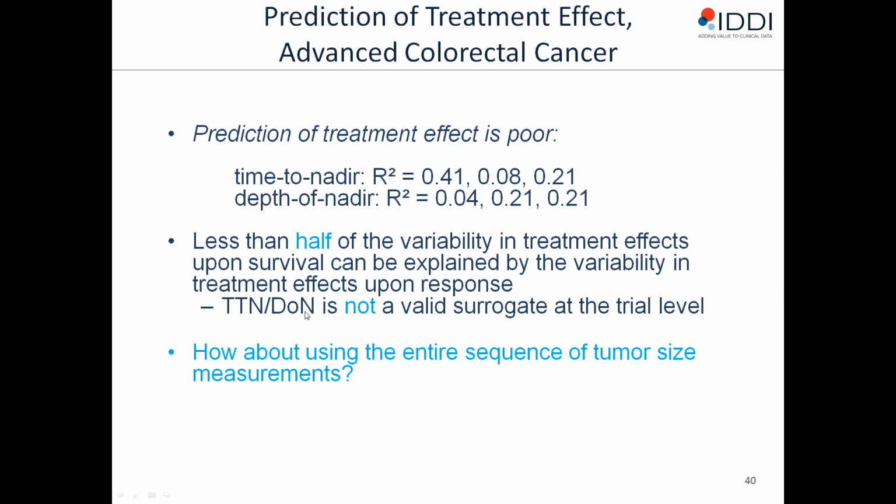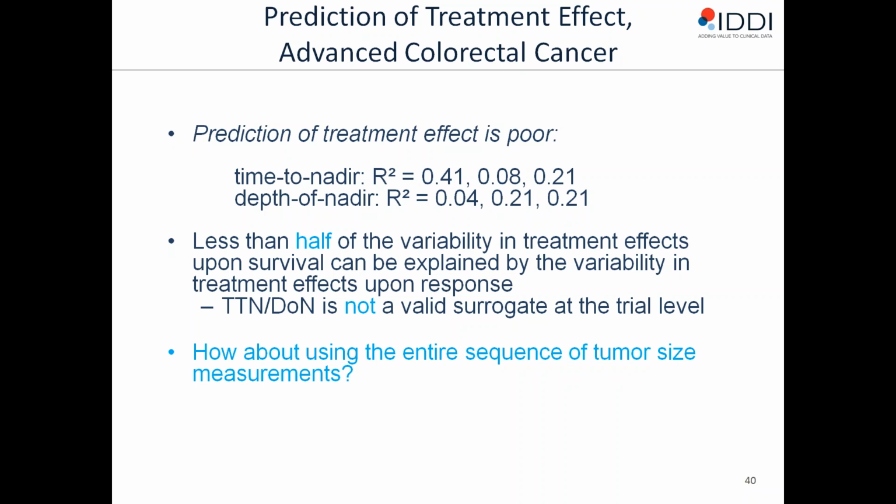So nadir of this endpoint does not seem to be a valid surrogate at the trial level. As Everardo said, there is interest in using depth of response as perhaps a new candidate, but these results, at least in advanced colorectal cancer, do not seem to support the hopes that were formulated when formulating this endpoint.